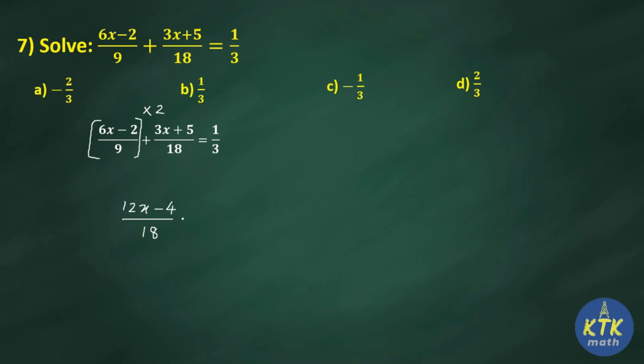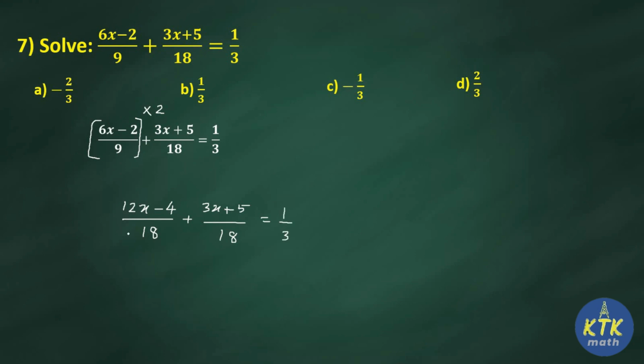The second term I will write the same, (3x plus 5) by 18. Now check, this unlike fraction I made into a like fraction. This is why I multiplied the first fraction by 2. When I do this process, automatically the unlike fractions become like fractions. Both the fractions become 18 now. So that's the reason I multiplied by 2.